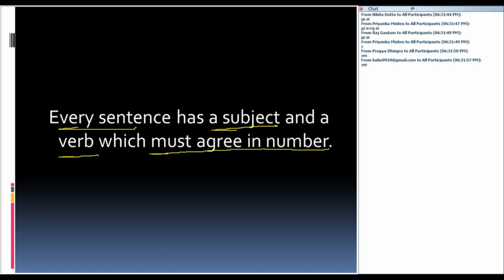Now, normally when we frame sentences, it's very easy to find out whether the subject is singular or plural, and accordingly we use a verb that is either singular or plural.